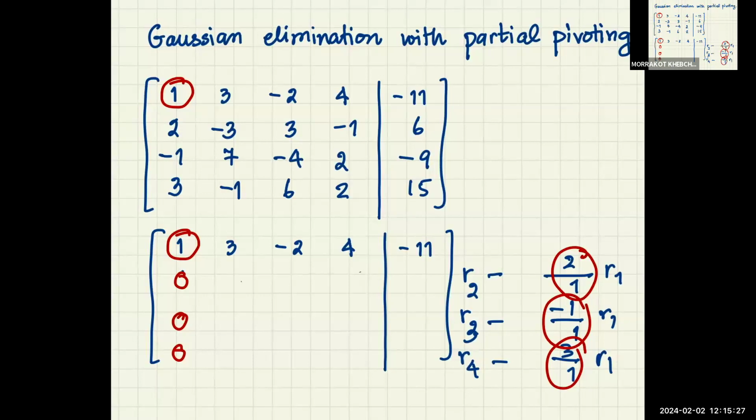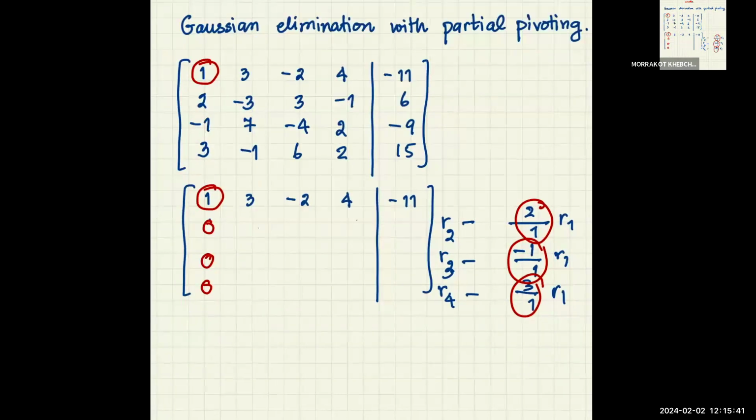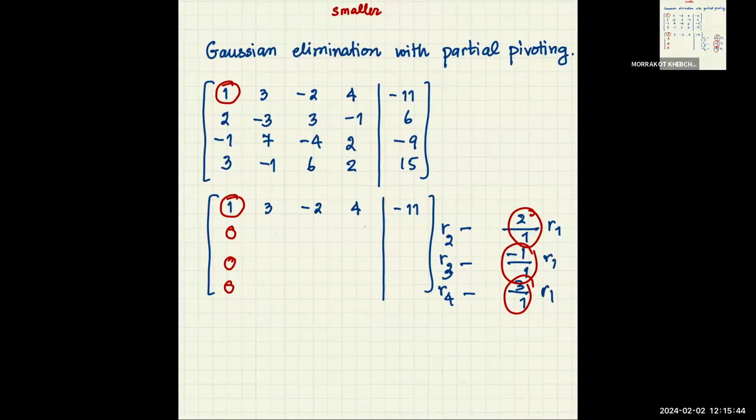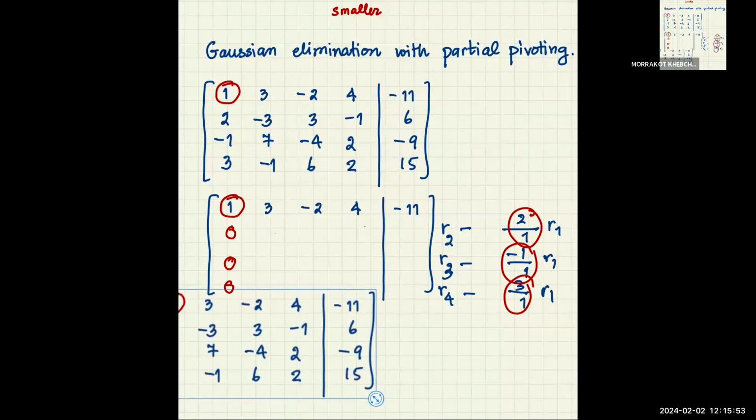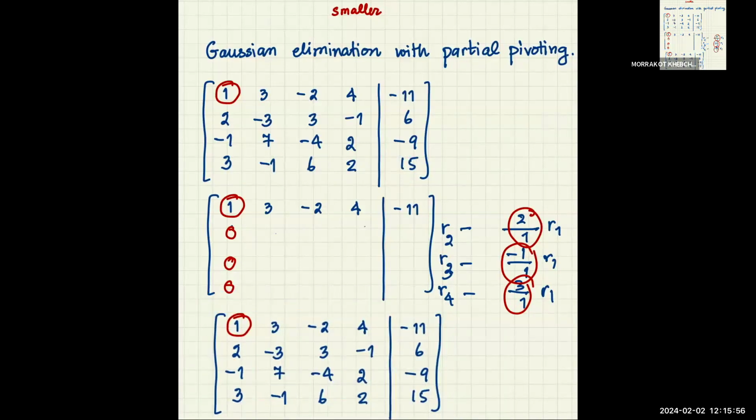But if you look at this one, if you swap the largest number to the first row, your pivot element will be 3. Okay, if you swap this to the first row.